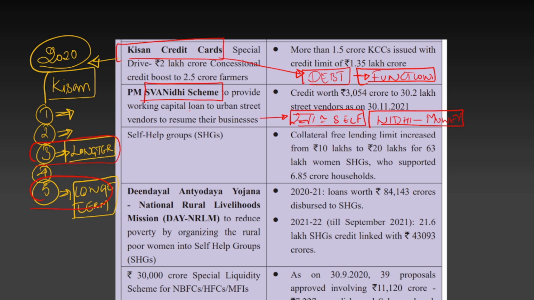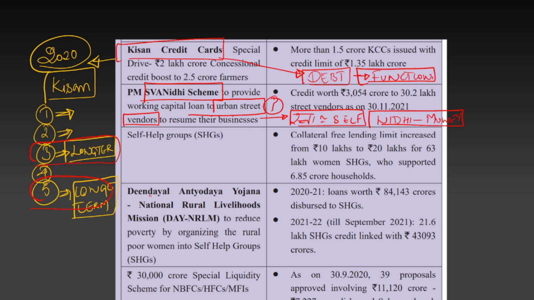But look at what Swanidhi means: self loan for what? Urban street vendors. See, this is the point. For who? The beneficiary is who? Whether all? No. See, that is the point you should look at.